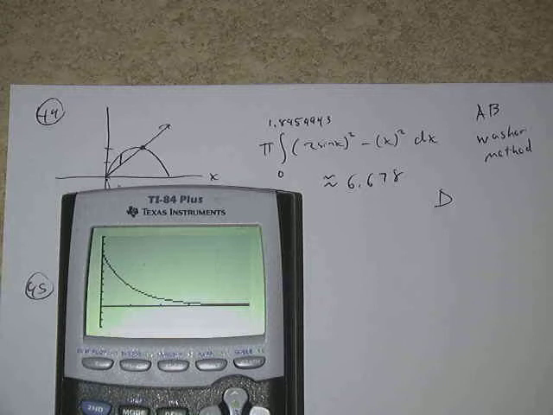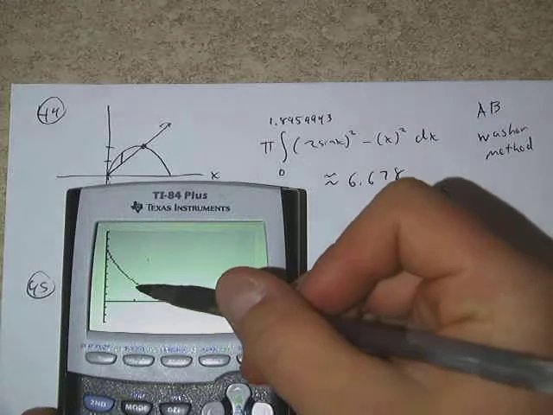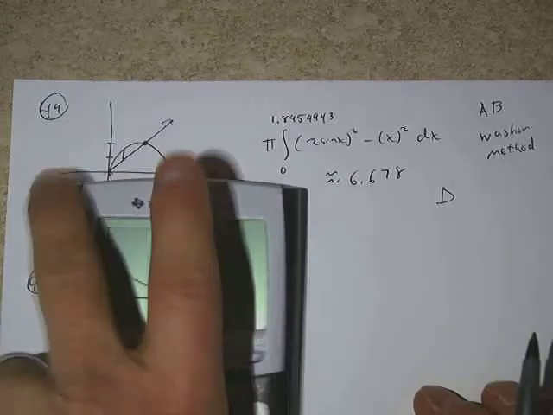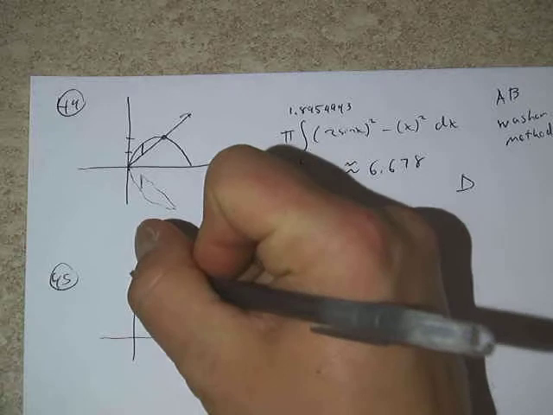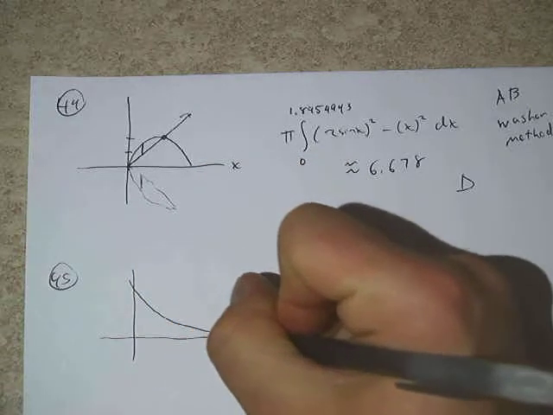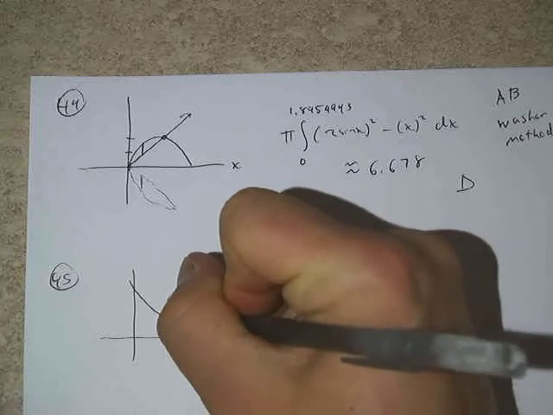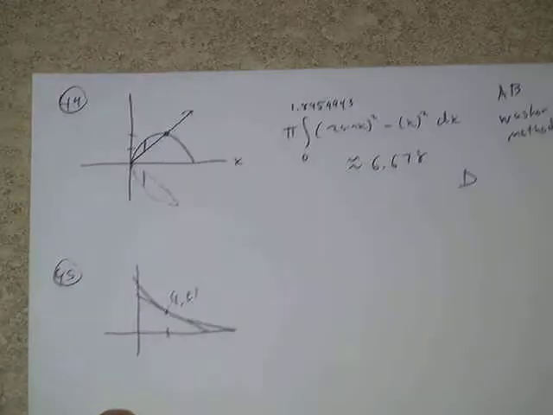The tangent line at the point (1, e), approximately here, would make a triangle with the x and y axes. So if we drew the tangent line at that point, we would have a triangle.